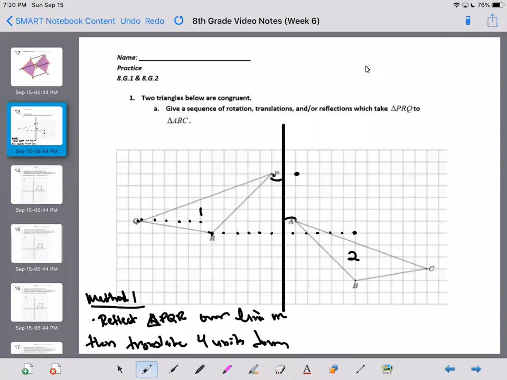So we are an equal distance from this line M that we're talking about. So that's one way. Reflect PQR over line M and then translate. Then we're going to move everything down 4 units.